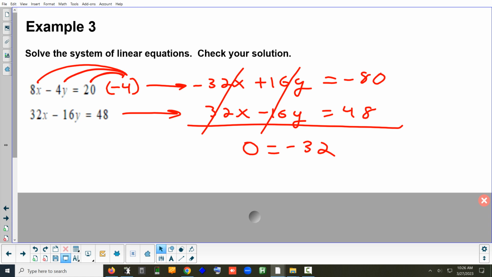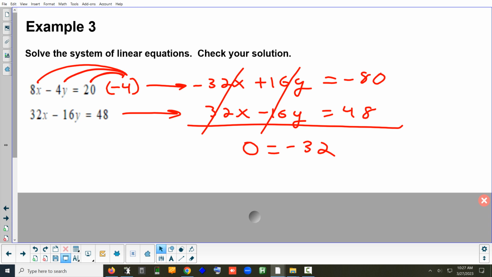At this step, you're done. You have to look at that answer and interpret what that means. This answer says 0 equals negative 32. Does anybody have any thoughts about that? That's incorrect. That is not true. That is false.